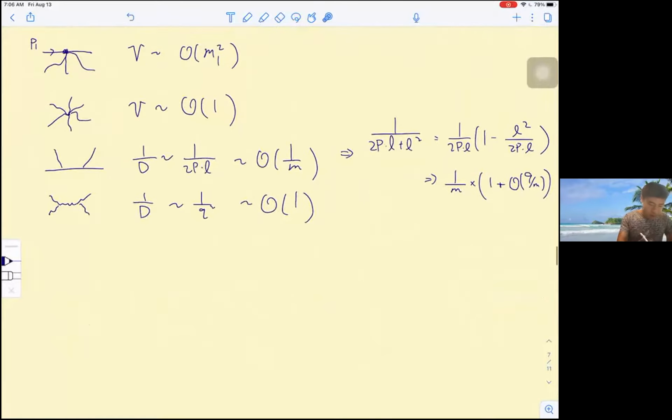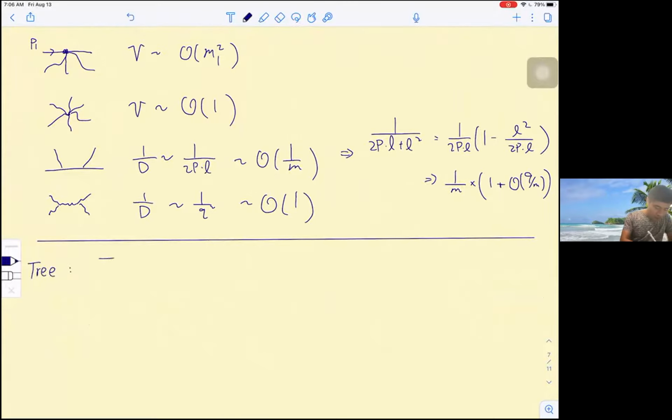Okay, so now let's see how it works for simple cases. For tree level, we only have this diagram. The scaling for each vertex just gives me m1 squared, m2 squared.